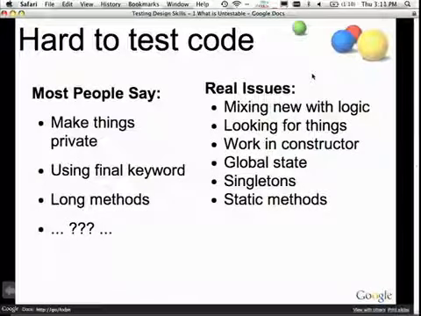So here's the kind of problem. I don't want to get into it too much because there are a couple of slides later where we're going to cover this. But the basic issue is this. If you have a leaf method, such as math.absolute value, it's a piece of cake to test, right? Because it's a leaf. It doesn't call anybody else.